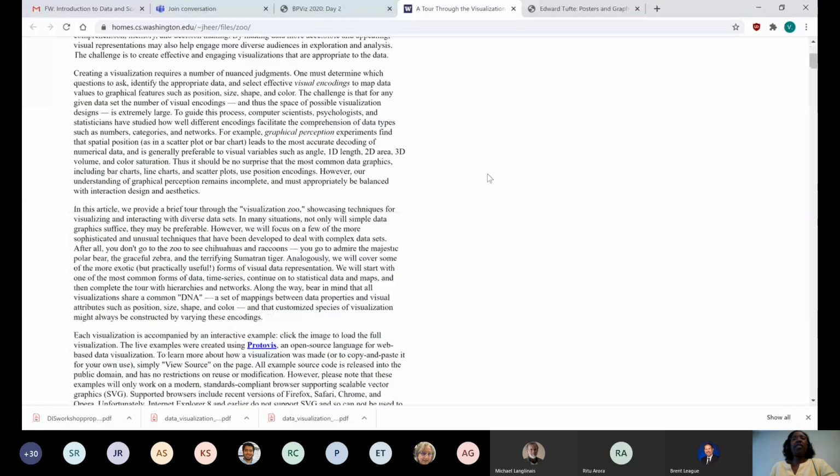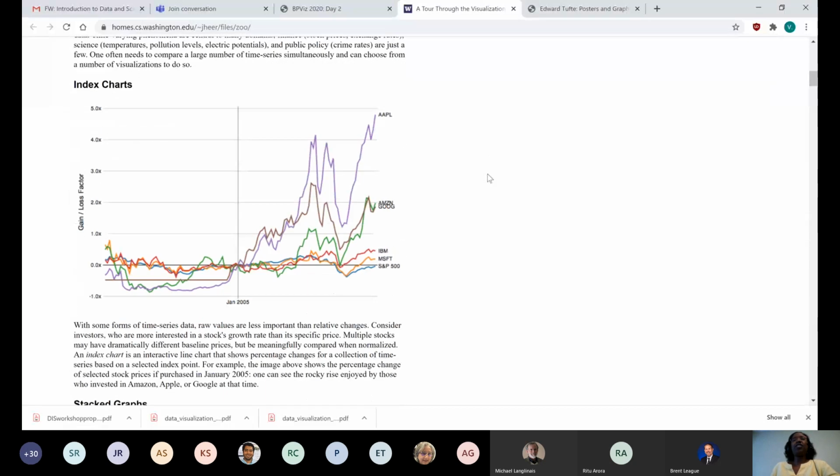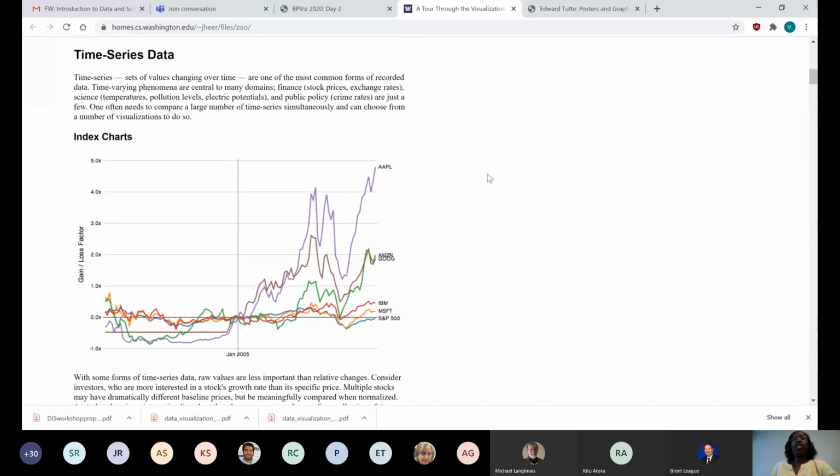The paper is a bit dated, but it's a good starting point for you to look at how to represent different types of data. One of the reasons why I like this site is because it is interactive. I would encourage you to go and read the paper because it gives you a lot more detail about each one of these different types of visualizations that you can create.